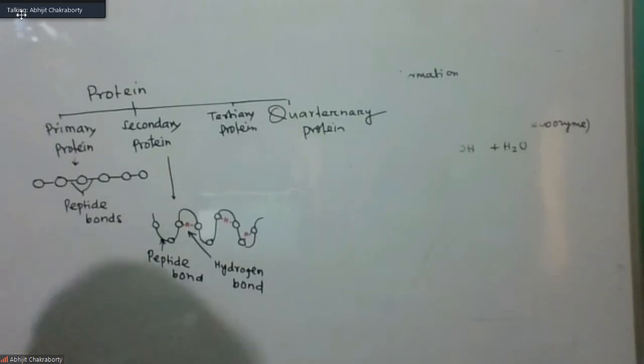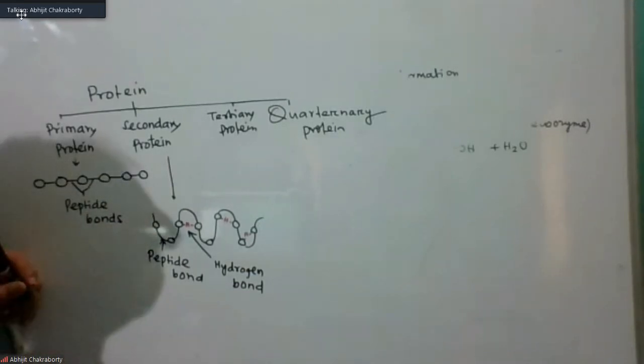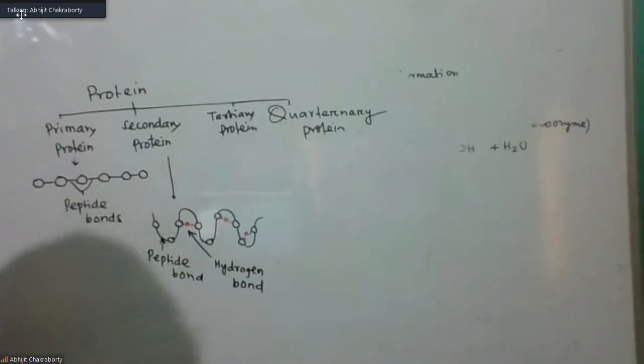Secondary protein is of two types actually. One is alpha helix, this is the alpha helix type. The other is the beta pleated type.